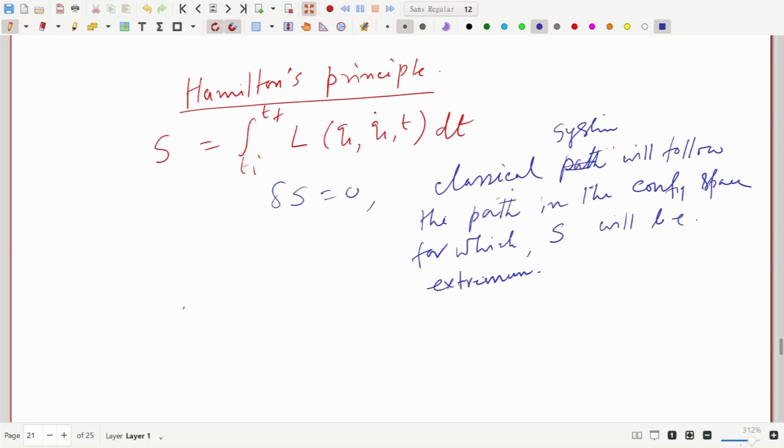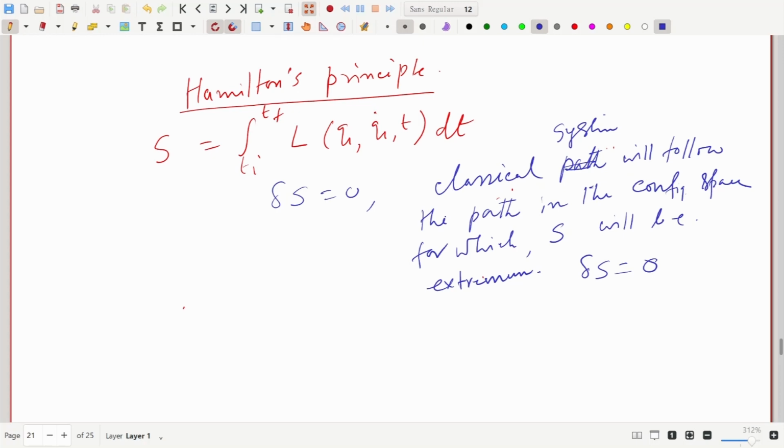That extremum means delta S, the variation of that action, a mathematical quantity defined from t initial to t final of the Lagrangian, which is a function of generalized coordinate, generalized velocity and time, will be extremum. So delta S will be 0.